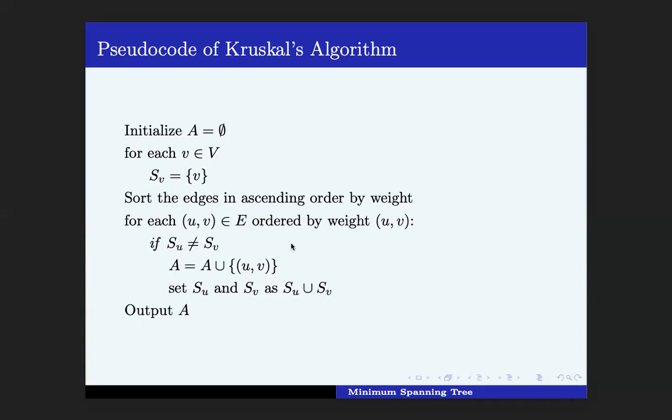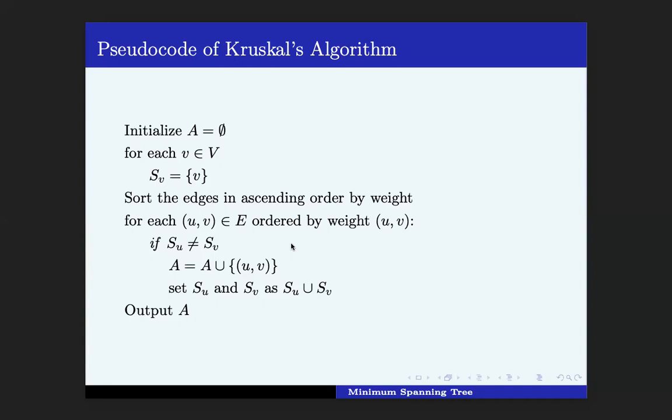Sir, for example, let's take this one. SU is basically just U, right? To start with, yes, for the starting point SU is just U and SV is just V. Given U is not equal to V, we add this edge to the set A. After that, what does SU become?